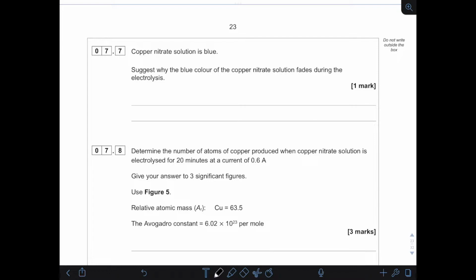So just say that copper nitrate is consumed during electrolysis, and therefore the concentration of copper nitrate decreases.